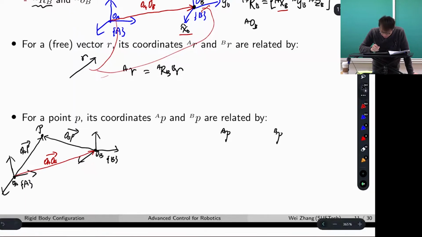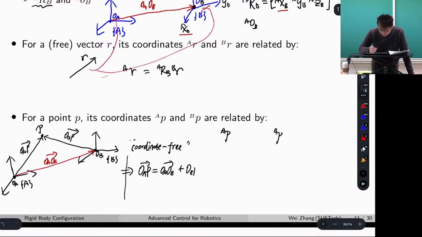So let's think coordinate free. I'm going to emphasize that again, coordinate free thinking. What we can conclude is the following: the OAP vector equals OAOB plus OBP. Do you agree?